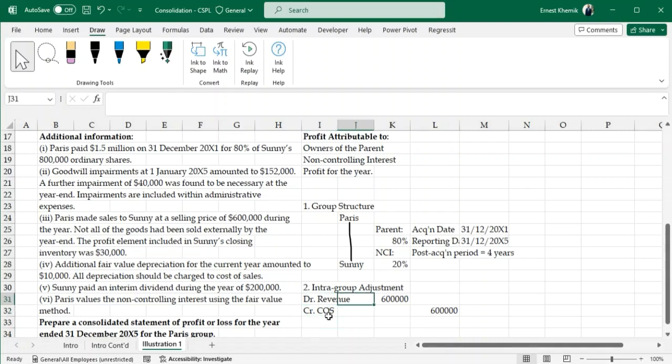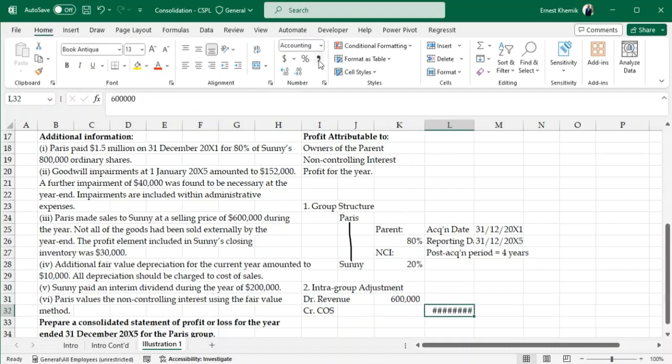As I said, revenue has a credit balance, so debiting it means you are reducing its figure. And then cost of sales, which in this case we are considering the purchases element, is also going to be credited. Purchases has a debit balance, so crediting it is going to reduce it. So that's what we are doing exactly here.